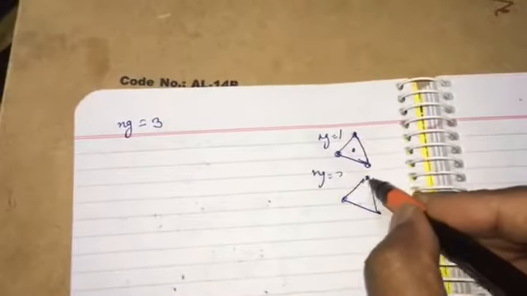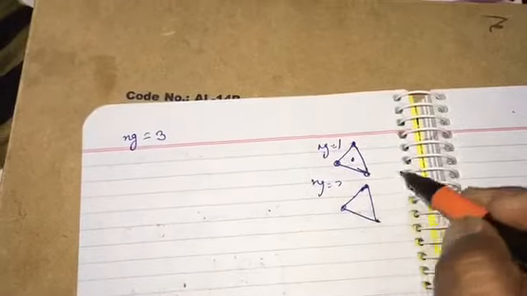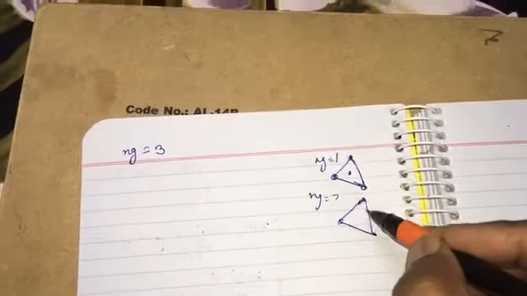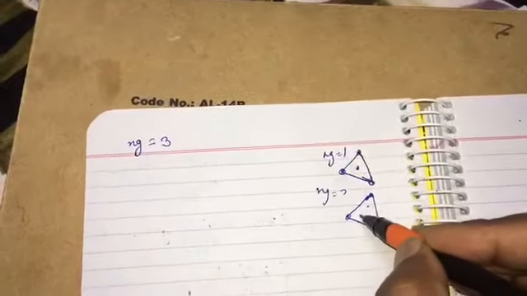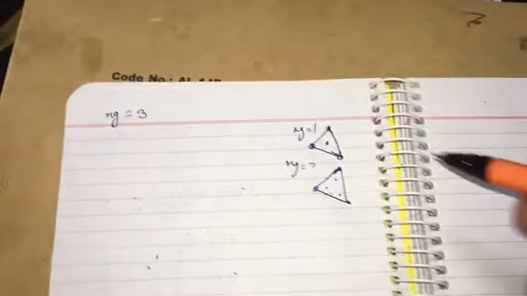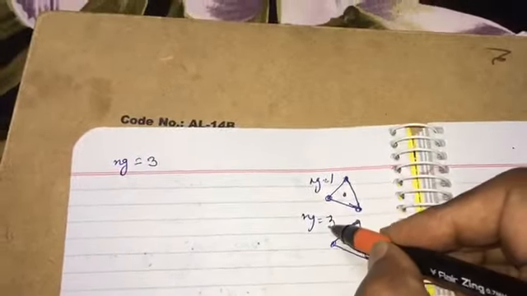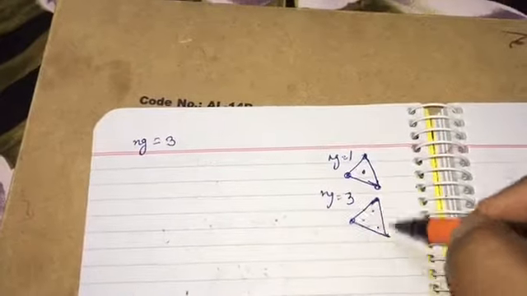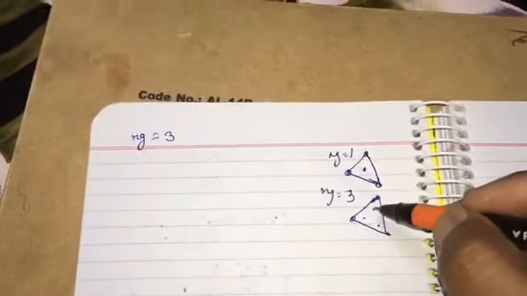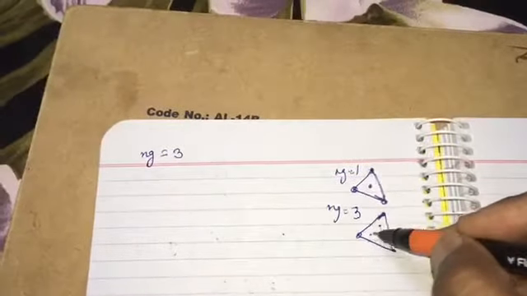So there will be 3 points, at this point and this point, right? After ng equal to 1 it will be ng equal to 3, but not 2, because it has to be symmetric somehow. Since there are 3 vertices, there will be 3.